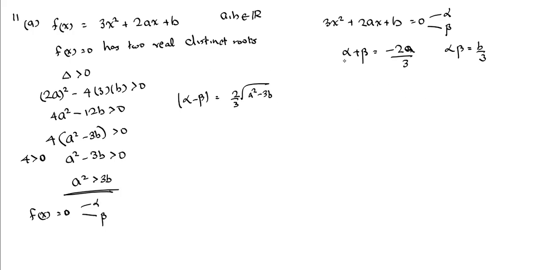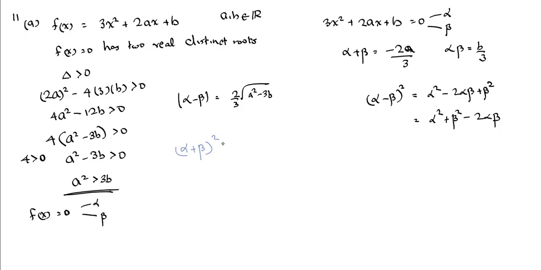So if you consider alpha plus beta and alpha minus beta, let's take the square. Alpha minus beta squared is actually alpha squared minus 2 alpha beta plus beta squared. Change the order: alpha squared plus beta squared minus 2 alpha beta. Now consider alpha plus beta, do this separately. So alpha plus beta squared is alpha squared plus 2 alpha beta plus beta squared.